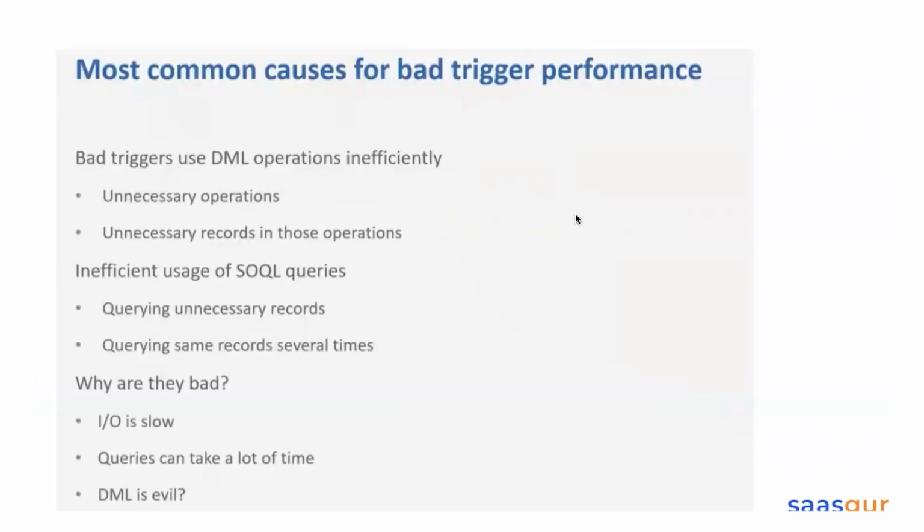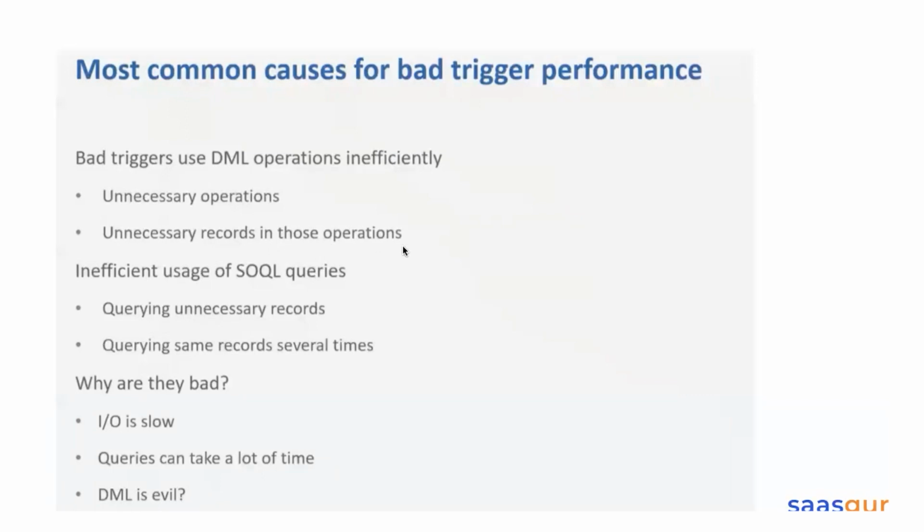Some common causes of bad trigger performance, because we are talking about triggers, so we should keep in mind how you can increase the performance. Some most common causes of bad trigger performance: bad triggers use DML operations, unnecessary DMLs, unrequired record updates.